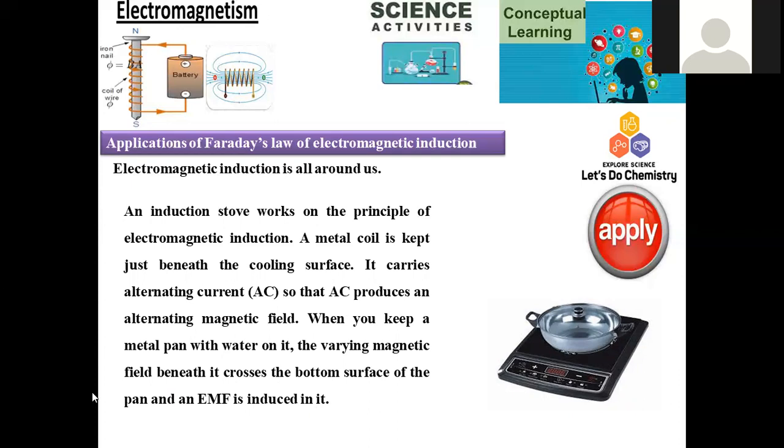So here a metal cookware is kept on the induction stove surface, which changes the flux of the magnetic field present beneath it, and that induces the variation in the electromotive force, which in turn generates the energy, and that energy is used for cooking. This is the working principle of the electromagnetic induction stove.